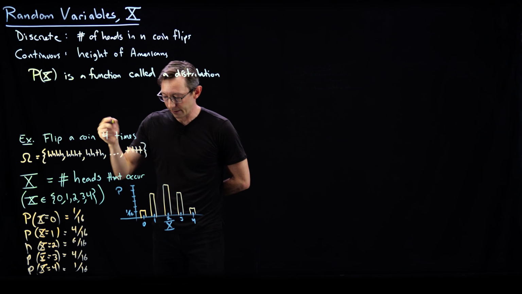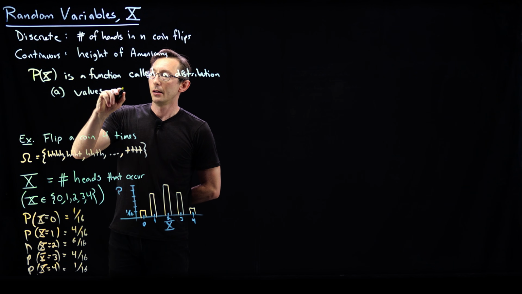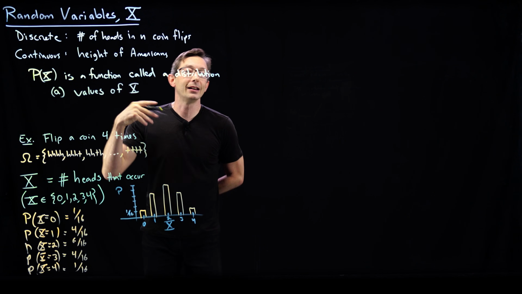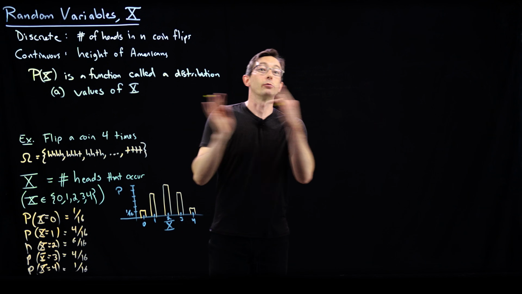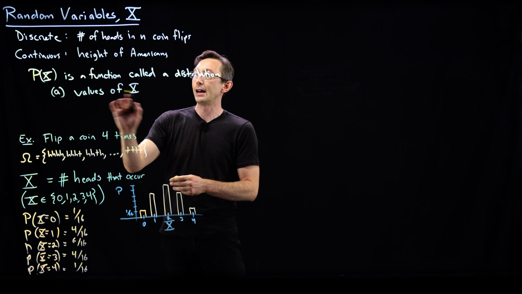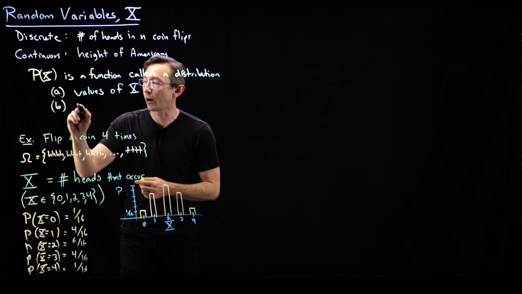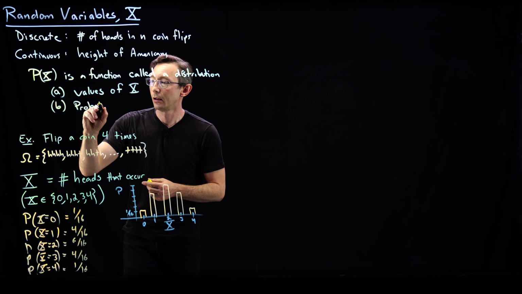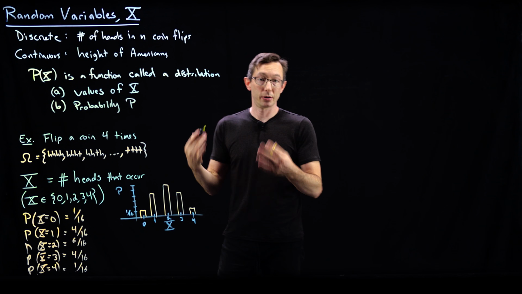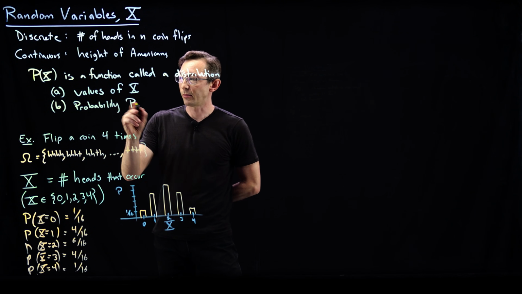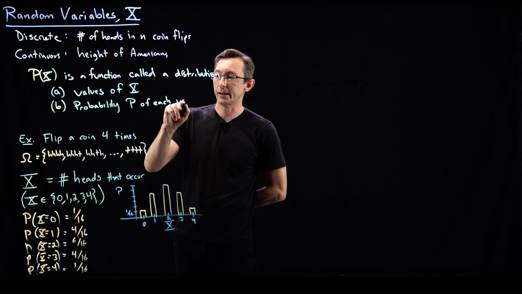And roughly speaking, you need to define what is the domain of this probability space and what is the range of this probability distribution. So the values that x can take. And then you need to have essentially the probability p of each possible value of x.